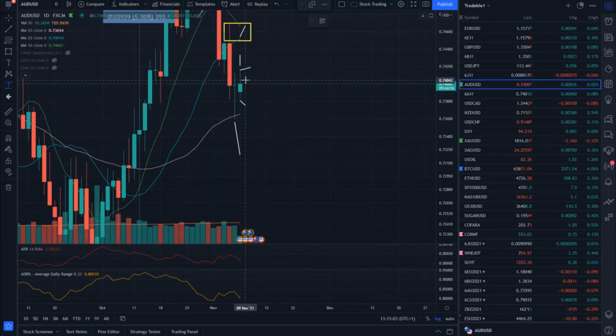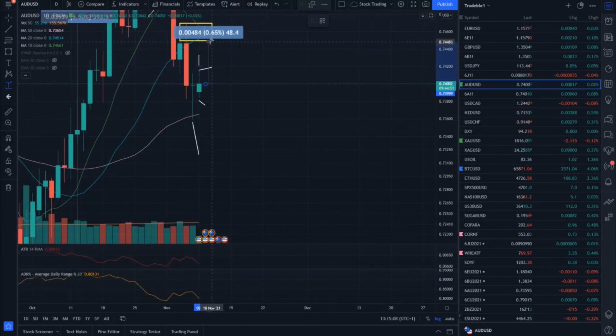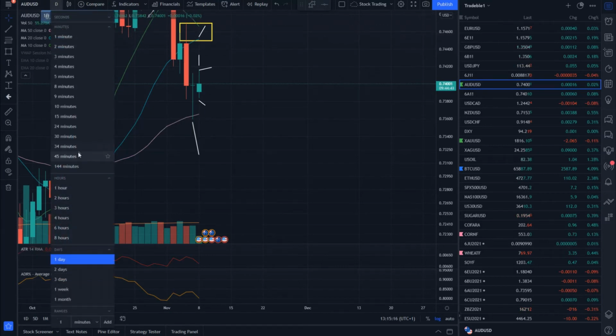I'm not saying that will probably happen today. Today we might just start, but in the next days or so, we might see that rotation from this price of about 40, 50 to 60 pips to the upside. So watch for that kind of move.